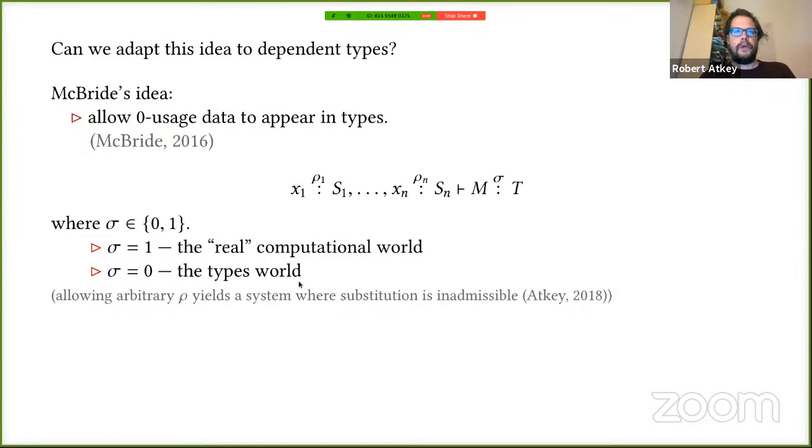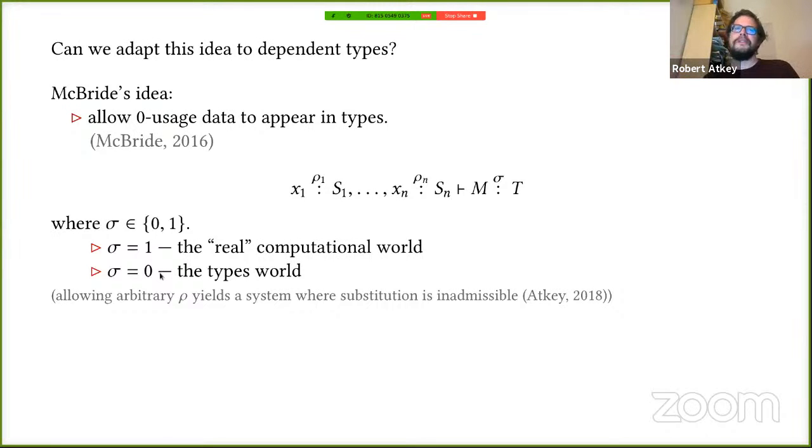You can think about the real computational world as where stuff actually costs money to run. This is where there's real memory, real resources. We're really going to have to pay for our diamonds to get through and compute things. In the types world, this is what people think academia is like, where we can just run around thinking about things without worrying about money.